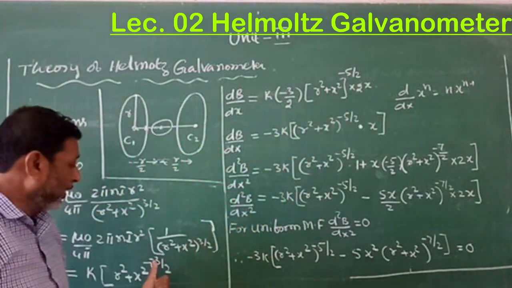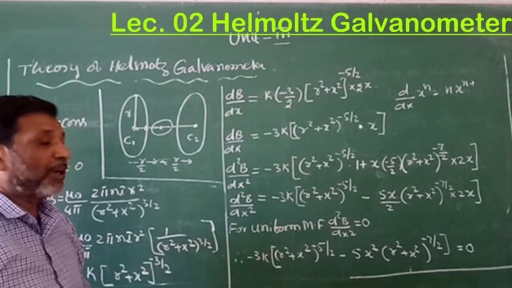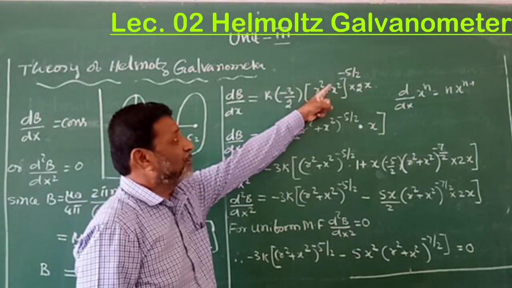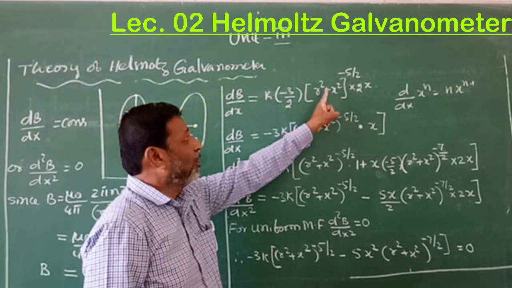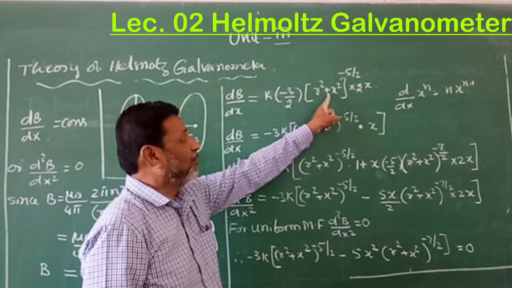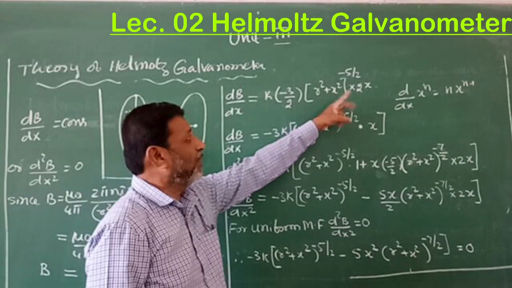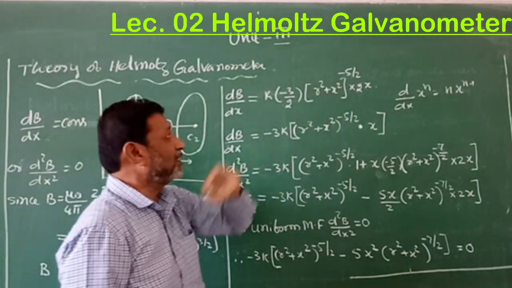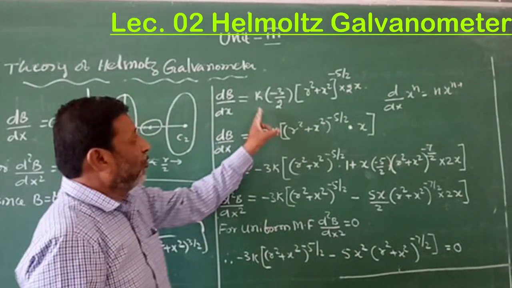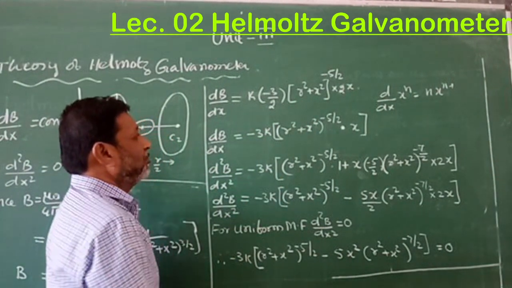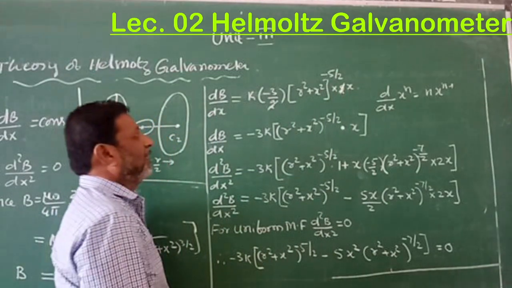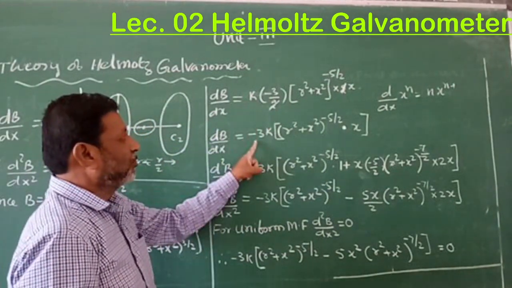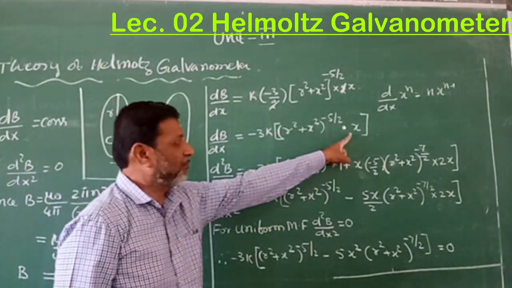Earlier it is minus 3 by 2, and when its power decreases by 1, it becomes minus 5 by 2. And the next is the differentiation of the internal function, that is, the differentiation of x square is 2x because r is a constant. Now when you rearrange the terms, this 2 and this 2 get cancelled. Therefore, you will get this one.